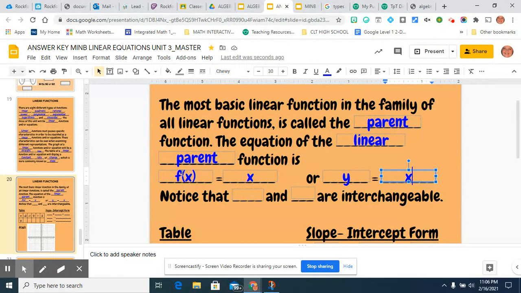This is the function notation when we say f of x equals x. So one thing we should notice, the x's are the same here, but f of x and y are interchangeable. They're both considered the outputs or the dependent variable of the situation.